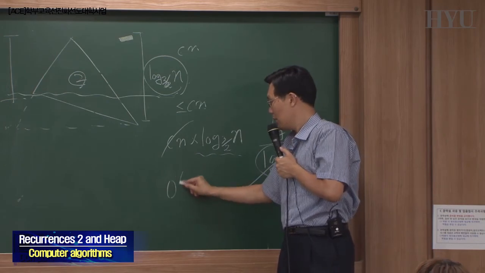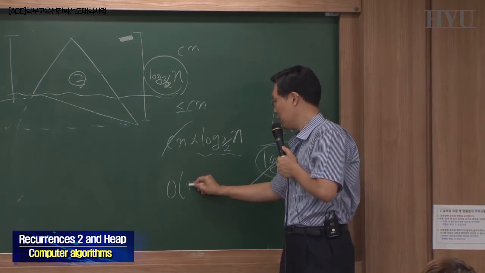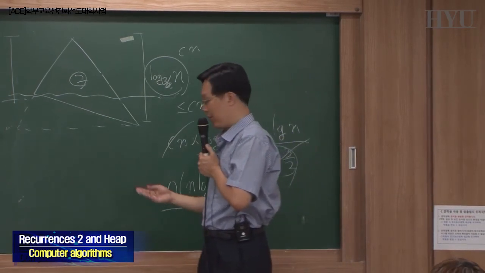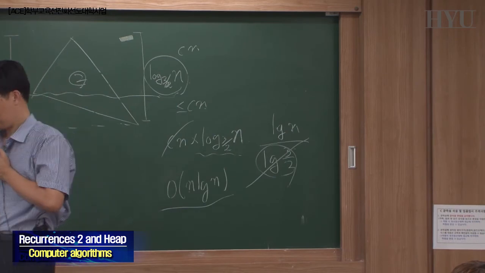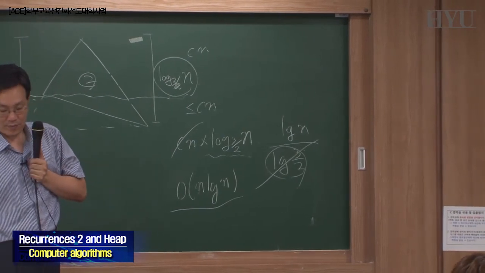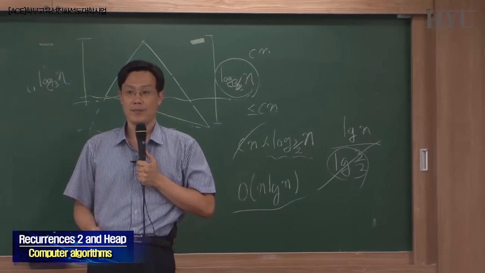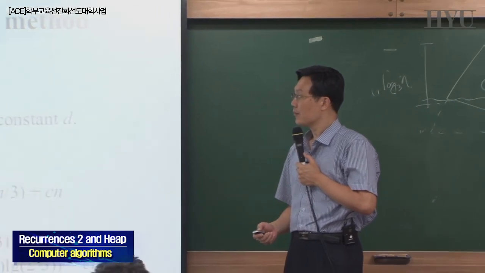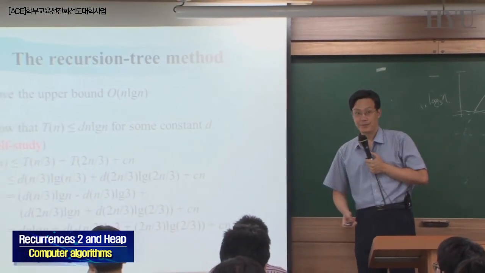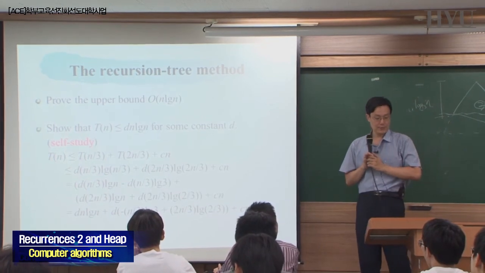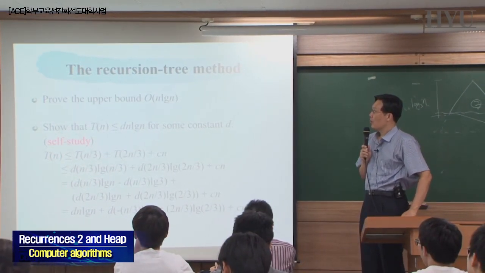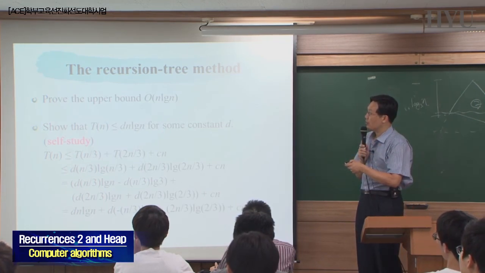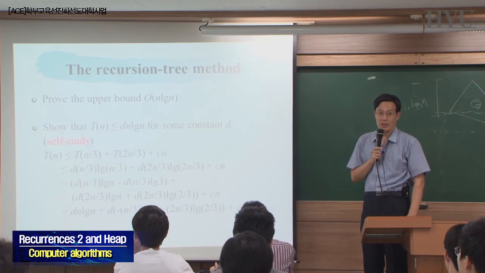So it's big O of n log n. Now we guessed the upper bound is big O of n log n.